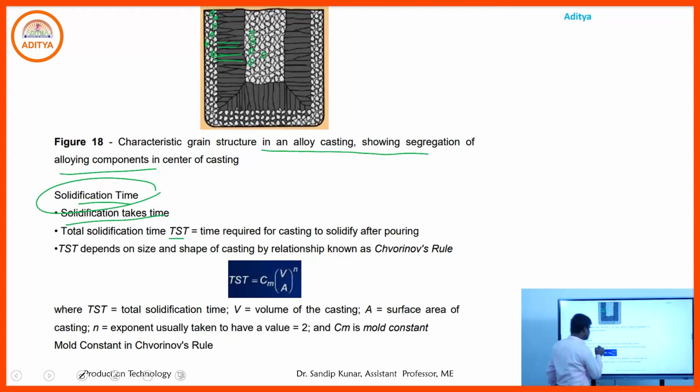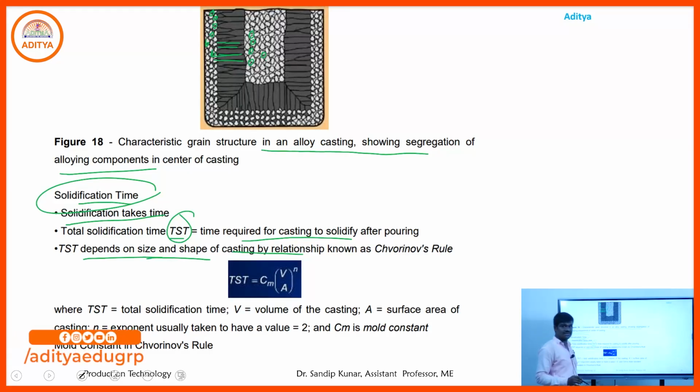Here TST means the total time required for the casting to solidify after pouring into the mold cavity. When we pour the molten metal into the mold cavity, it takes some time to convert into a solidified product, and that is the TST, total solidification time. So TST depends upon the size and shape of the casting.